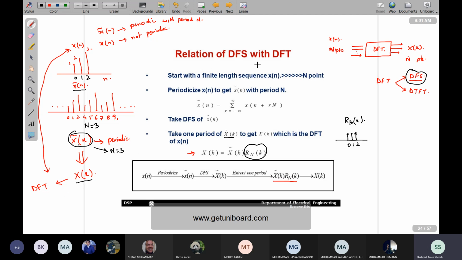So the relation of DFS with DFT is that you have taken any finite length sequence x of n, you have periodicized it, which is x tilde of n. You have taken the DFS coefficients, which are x tilde of k, and then you have extracted one period of that using x tilde of k times R N of k, and from there you have obtained x of k, which is in fact the DFT of this x of n. Questions, please.